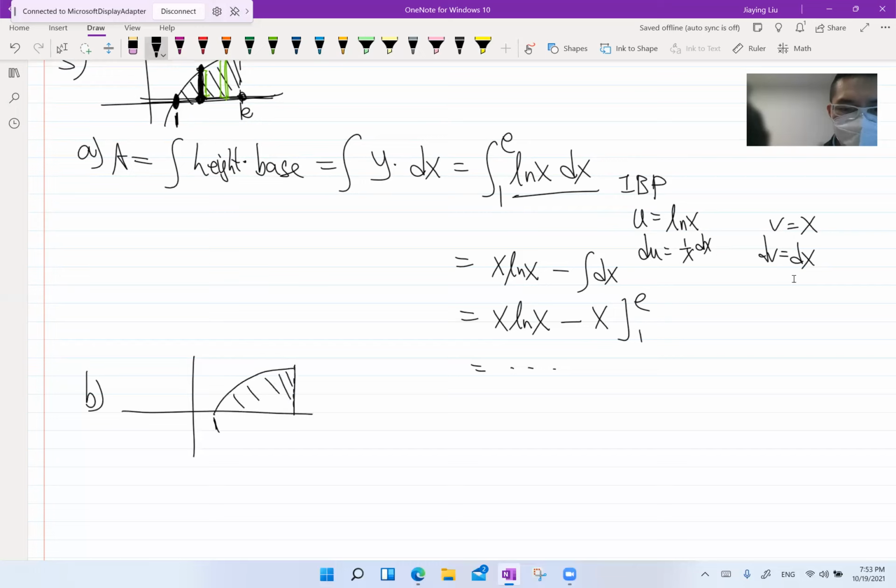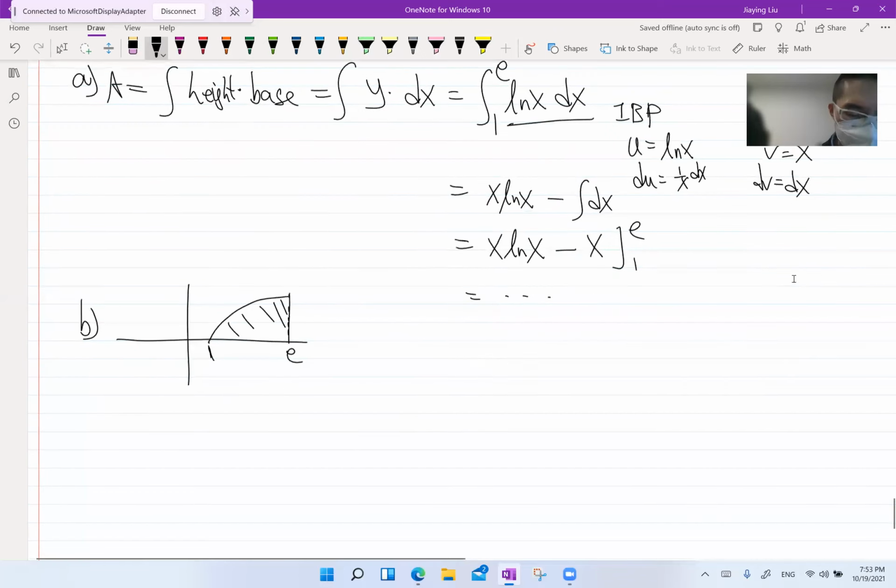This is x equals 1, this is e, and then we're rotating about the x-axis. So that gives us the solid, right?